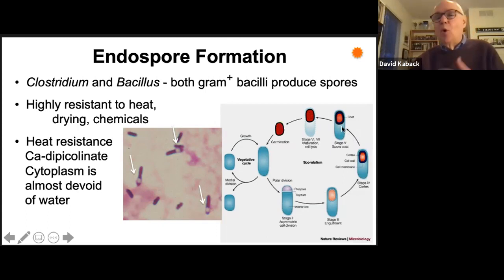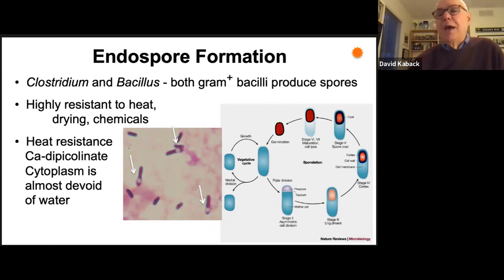And then we pump virtually all the water out of that cell, and we have a substance called dipicolinic acid, or calcium dipicolinate is the salt, that essentially enables that cell to protect all the macromolecules and the nucleic acid within that cell. That cell has virtually no water in it, and it becomes very resistant to drying and essentially is air stable and can survive for hundreds of years.